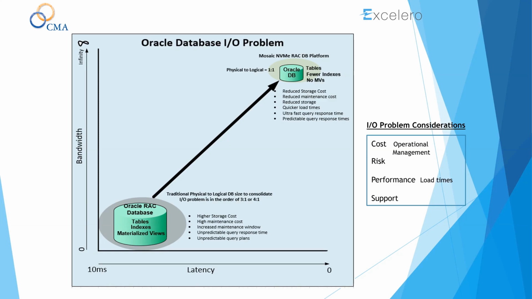That gives you much more freedom. So you end up with fewer objects, smaller databases, reduced storage, lower maintenance cost, quicker loads, and very fast response time. Most importantly, it's deterministic, meaning predictable query response time, because the Oracle Optimizer has, believe it or not, fewer options to consider, but they're very reliable options.